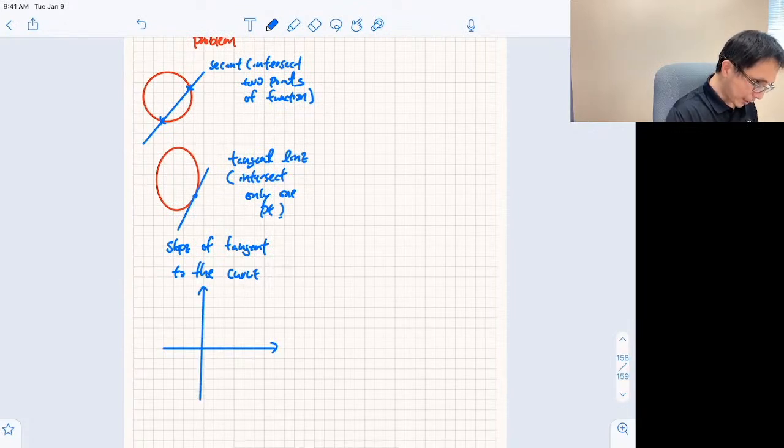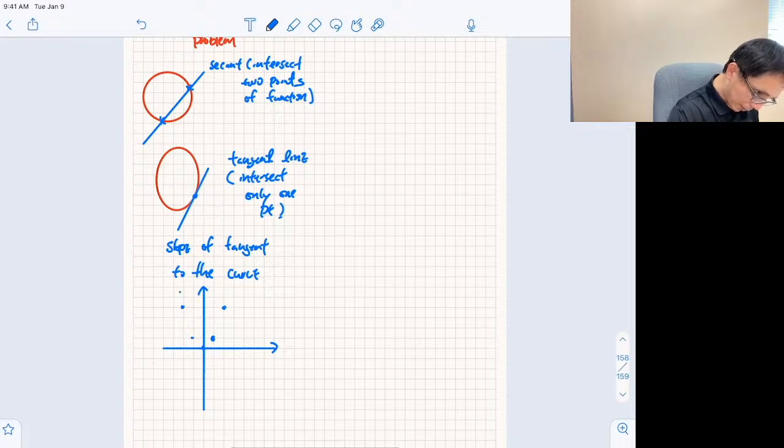A straight line is easy: just take any point and see the rise over run. But in this case it doesn't work like that, because we're talking about a curvy line. So we look at the function y equals x squared. It's going to look like this. And we look at this point. What is the slope at that point?